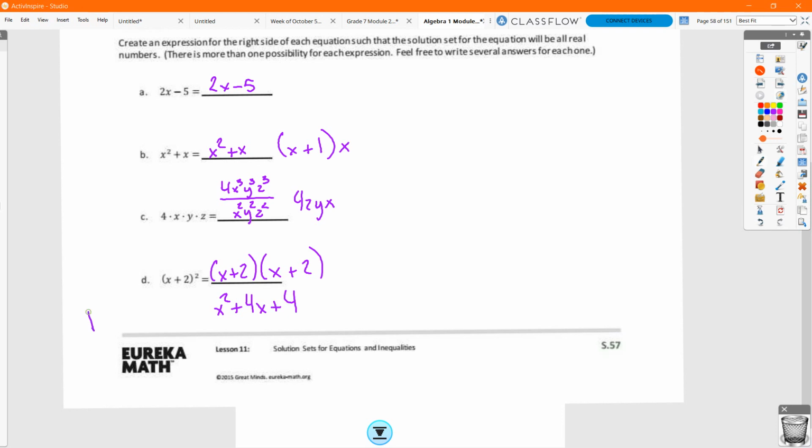I used the FOIL method we talked about yesterday, or excuse me, today. x times x is x squared. 2 times x is 2x, plus 2x, which would be 4x. 2 times 2 is 4. So x squared plus 4x plus 4 is equivalent to x plus 2 squared. All right? Like I said, if you have questions, ask me.